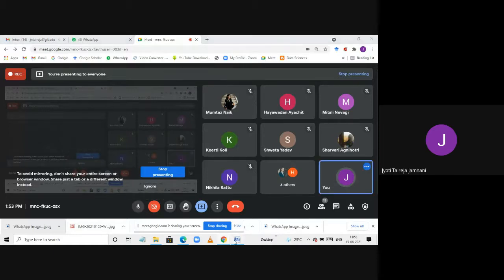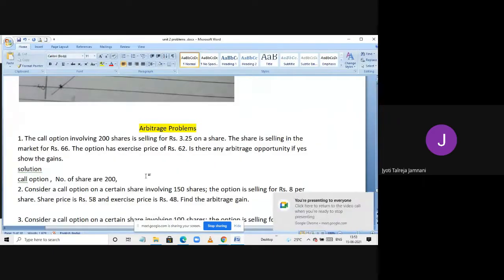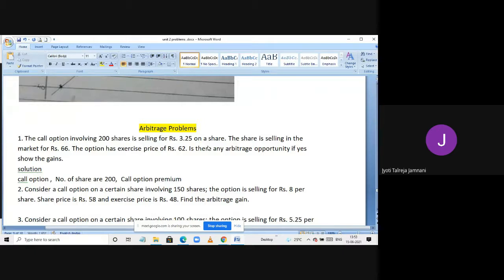Okay, so we were on arbitrage, as to what all is given. This selling price is nothing but the option premium. So here you can write call option premium, 3.25 per share is the premium amount. Then the share is selling in the market for 66.